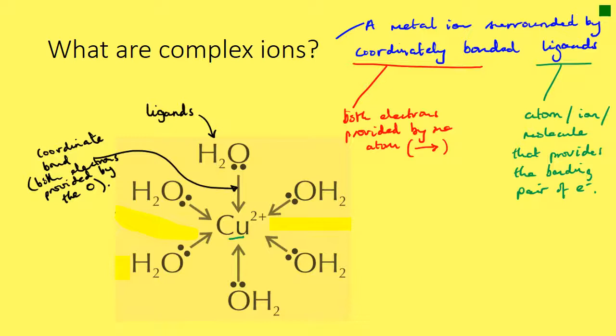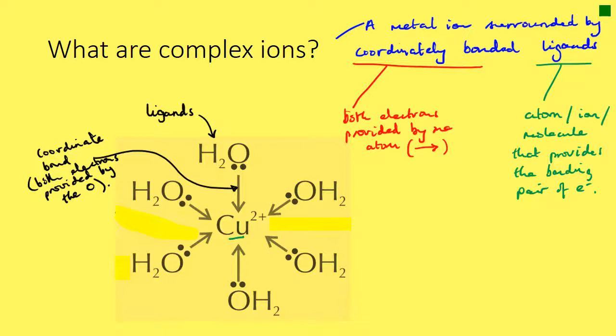It's denoted by an arrow, whereas a normal covalent bond might just be a straight line without the arrowhead on it. Okay, so that's a coordinate bond, also called a dative covalent bond. You might be familiar with it under that name.